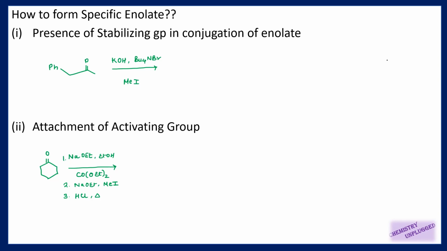So first is, suppose you have the presence of a stabilizing group in conjugation with the enolate. What is the meaning of this? It means when you are generating an enolate, suppose this is my enolate, and if R is a stabilizing group, it is electron withdrawing in nature. Most of the time it is true for electron withdrawing groups. So it is stabilized by conjugation, right?